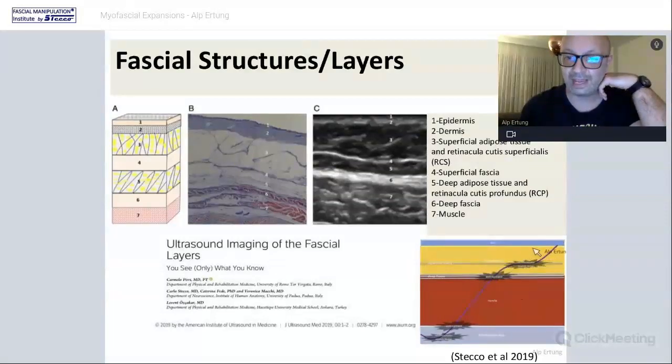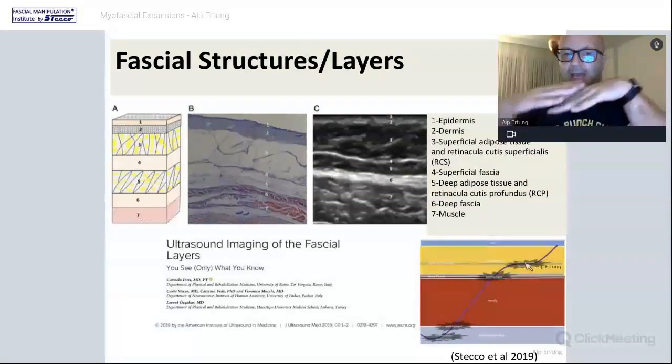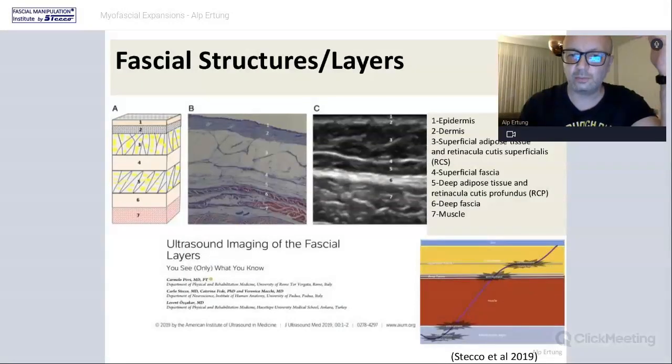It has a lot of layers, and the gliding ability of these layers is extremely important. If there is a problem around these areas, it may create a problem, depending on the person's activities, medical history, and everything.